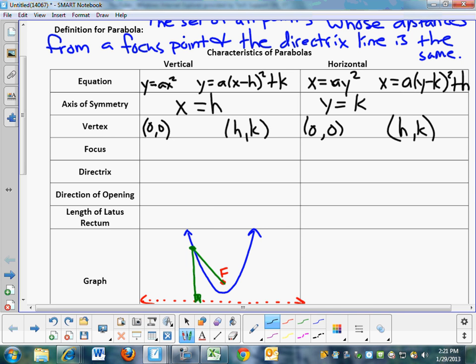The focus is that point that sits on the inside of the parabola. That's a really poor definition, but it sits on the inside. And it is p units from the vertex.